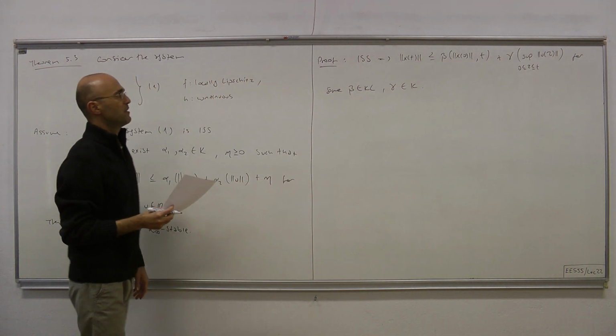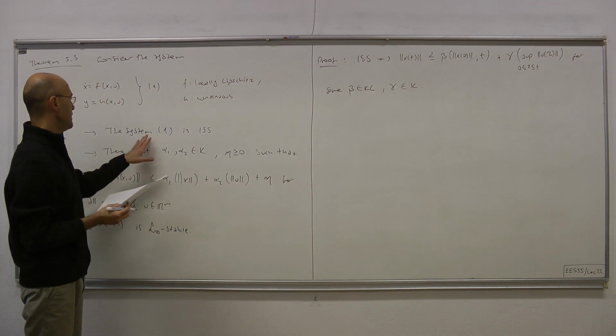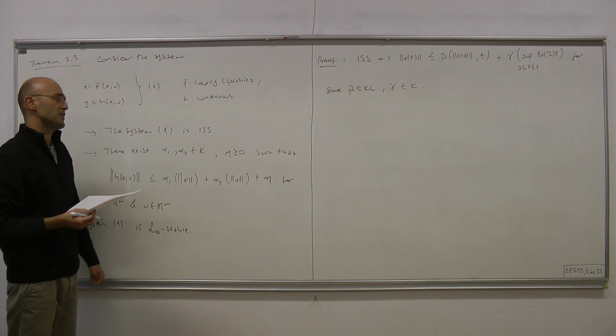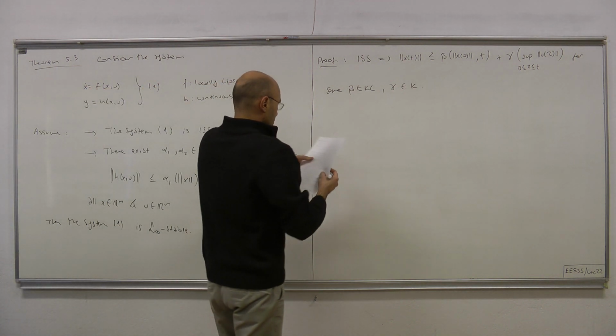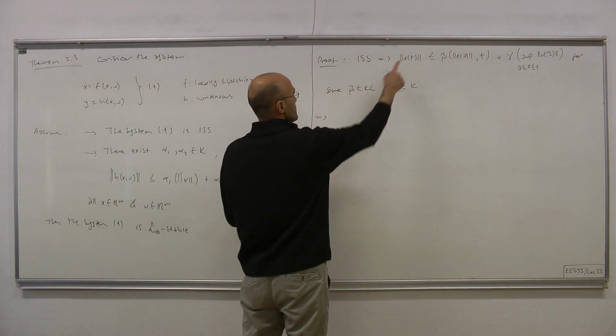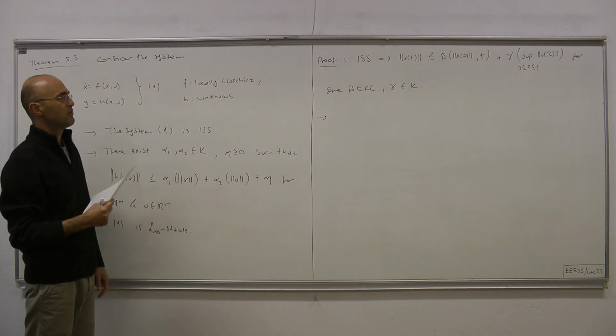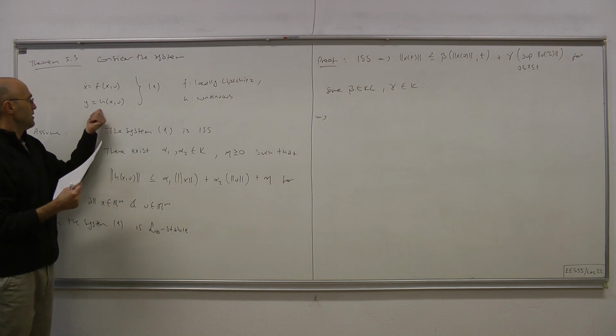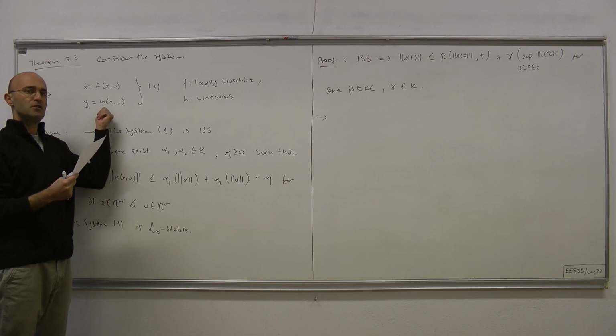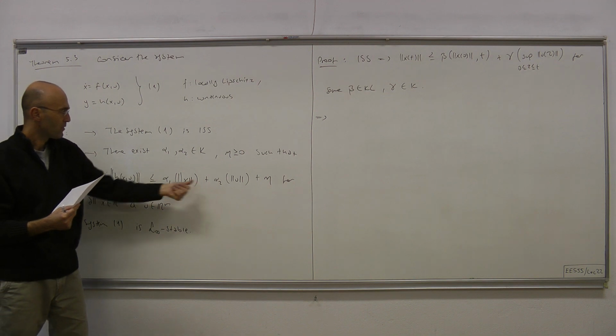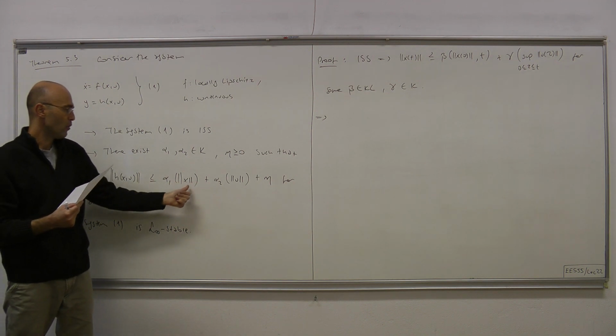So that's the definition of input to state stability, and we assume that our system is ISS. So starting from that definition, let's obtain L-infinity stability for this system, provided that the function that describes the output satisfies this inequality for all x and u.